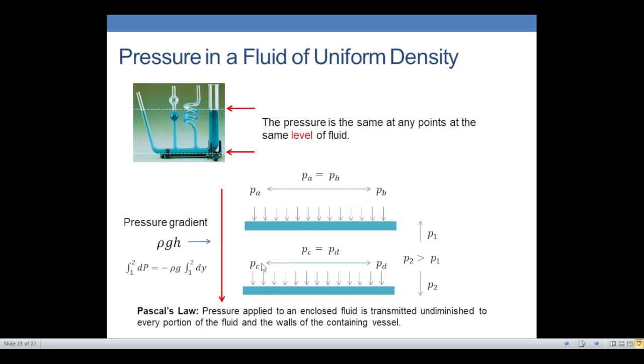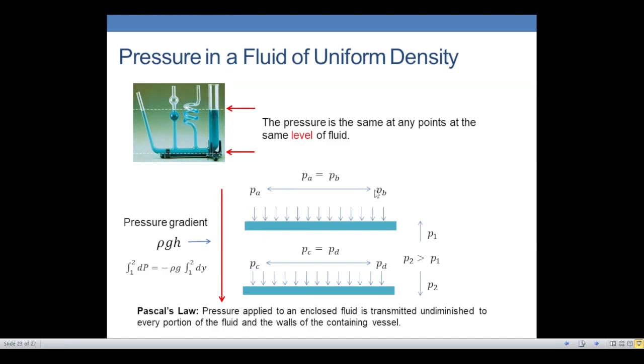So, for example, P sub C, or PC, the pressure at this point is the same if we measure the pressure in the horizontal manner. However, we assume that the pressure we get from this portion is different from the pressure we get at the top.